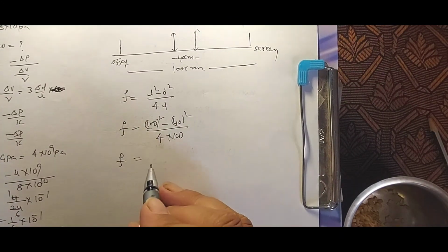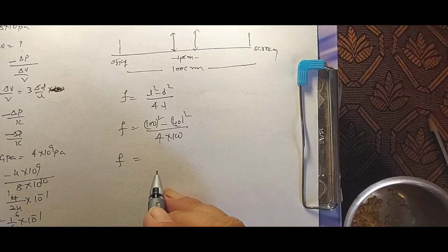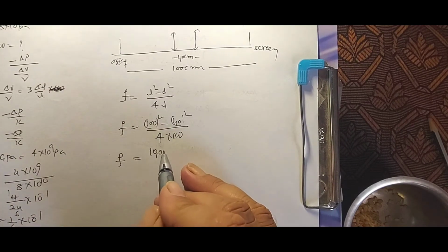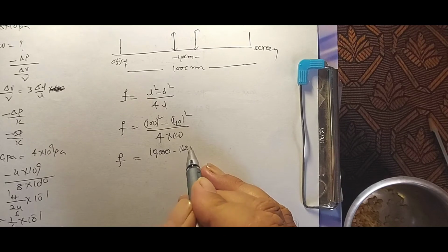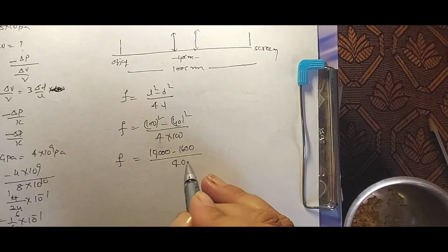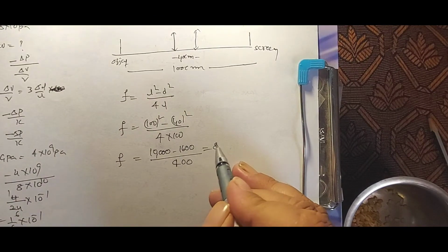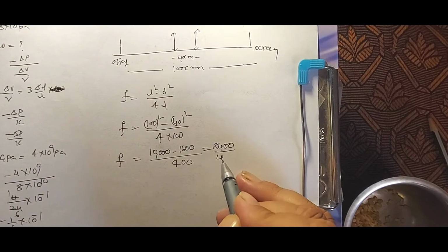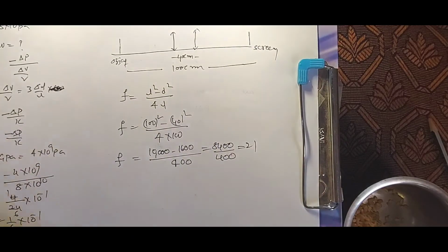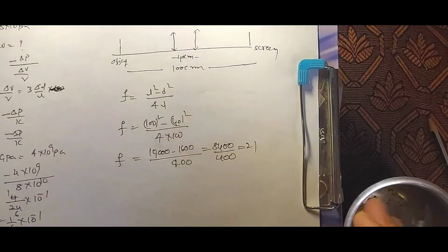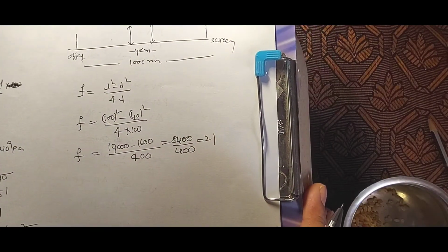So F is equal to 10,000 minus 1600 divided by 400, that is equal to 8,400 divided by 400, that is equal to 21.